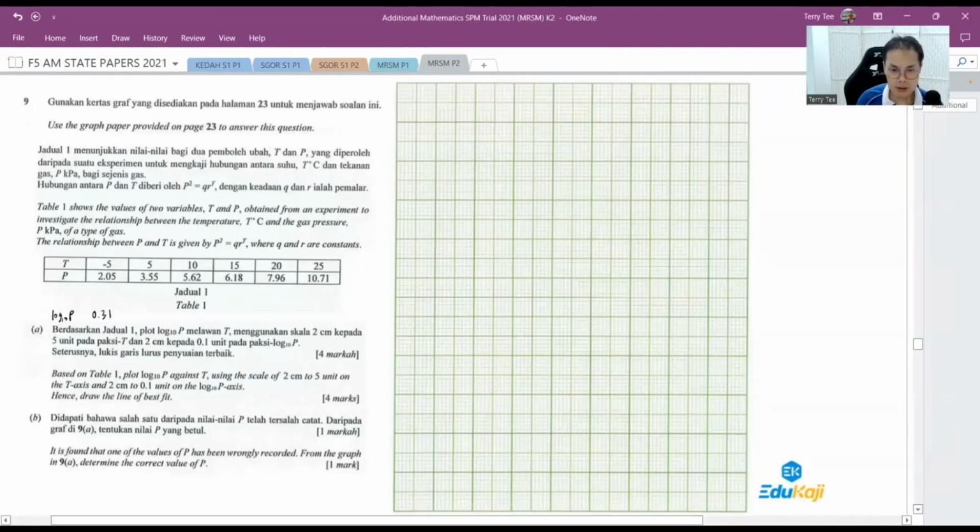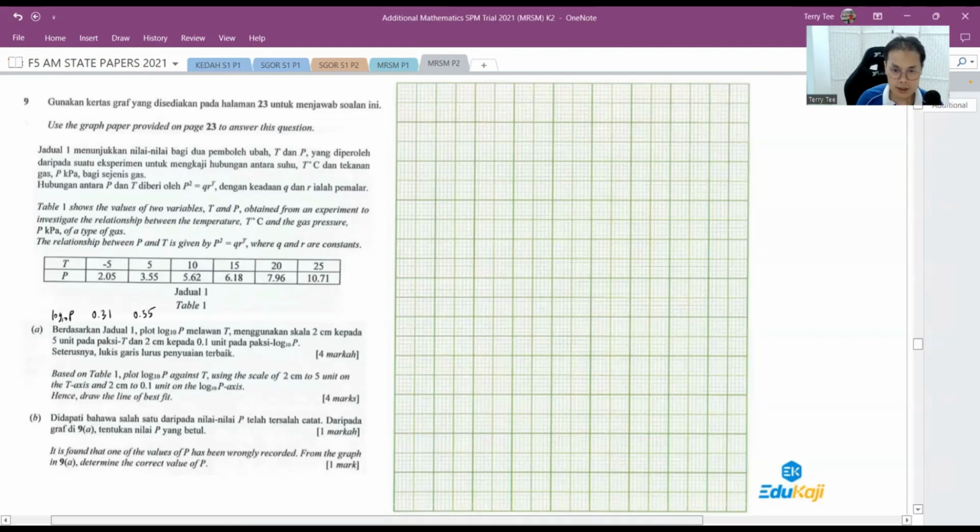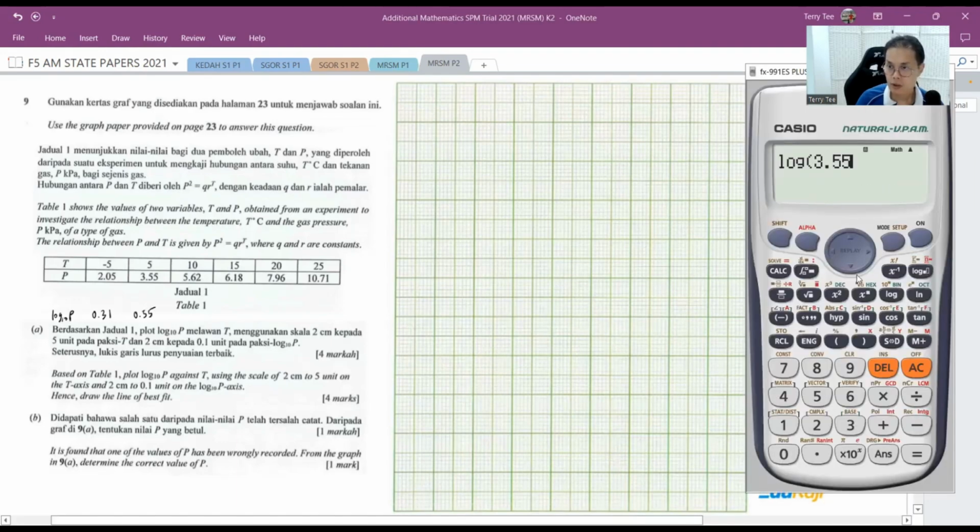Second one, let's take logarithm of 3.55. I got 0.55. Okay, so next one, take logarithm of 5.62. Okay, this will be 0.75.